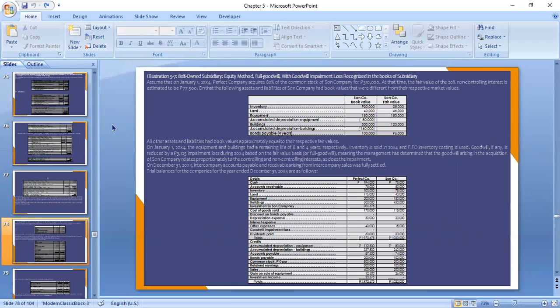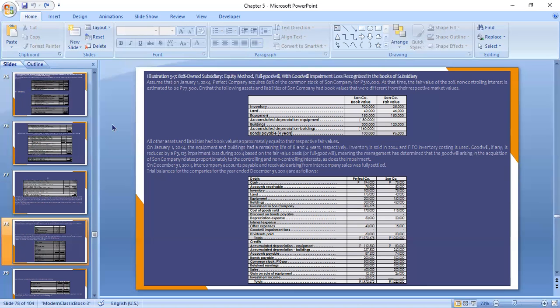Now here we have an illustration: 80% owned subsidiary under the equity method, full goodwill with the goodwill impairment loss recognized in the books of the subsidiary. So assume that on January 1, 2024, Perfect Company acquires 80% of the common stock of Sun for 310,000. At that time, the fair value of the 20% non-controlling interest is 77,500.